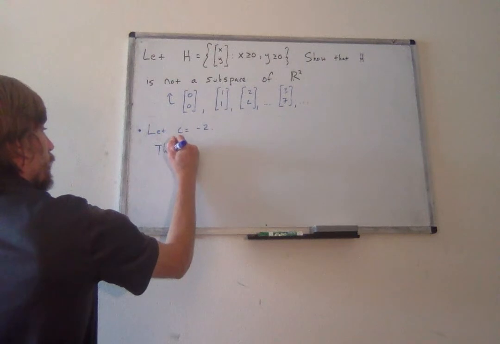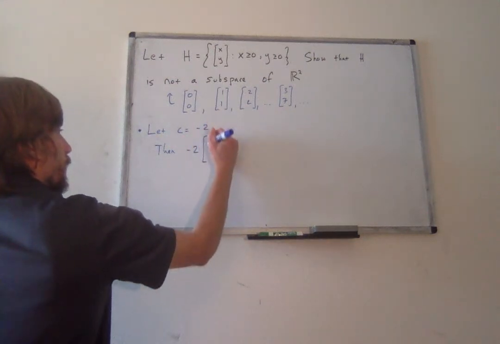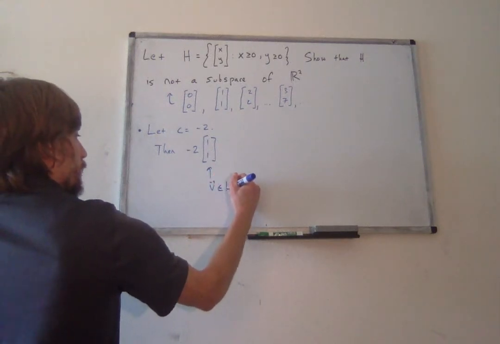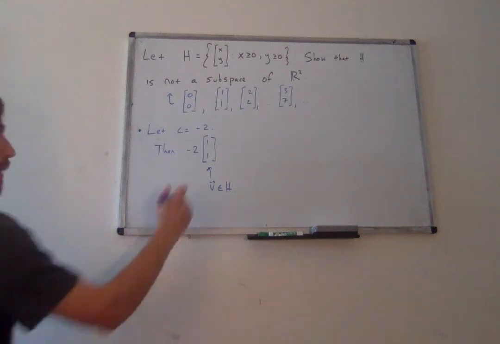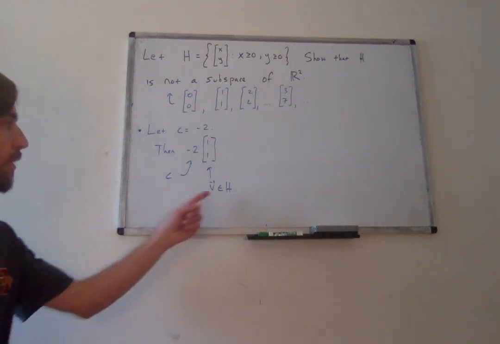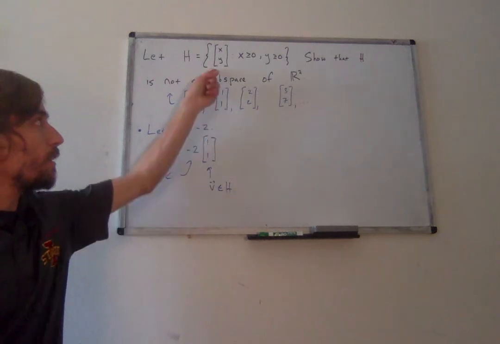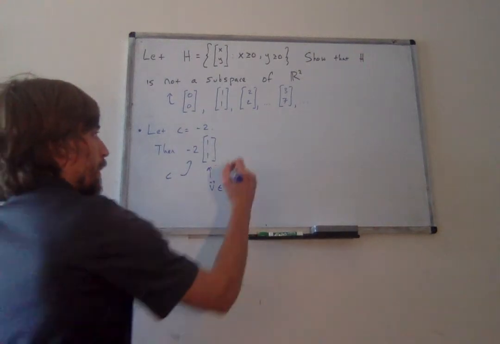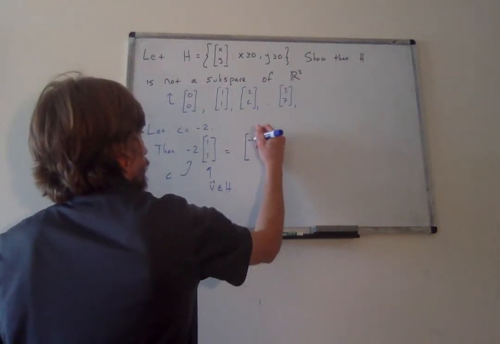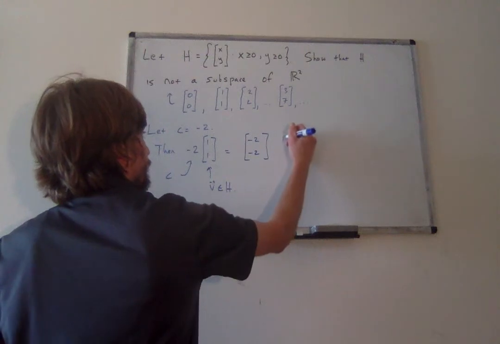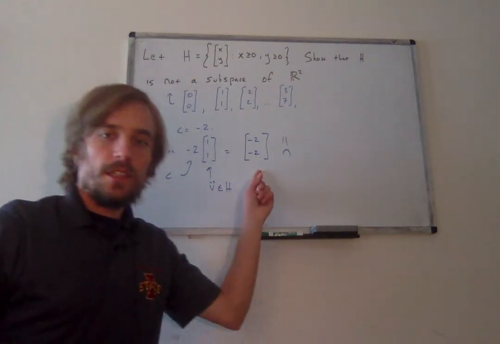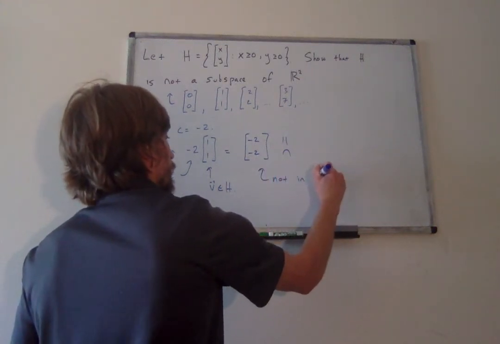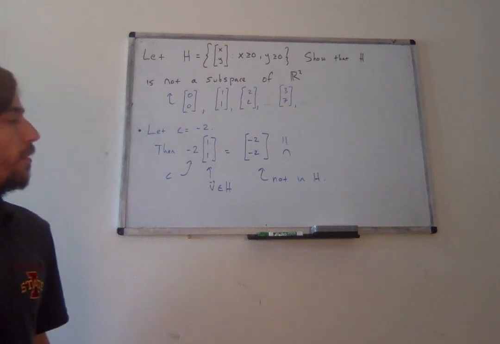Then -2 times vector 1, 1, where notice this is a vector v in my subspace H, and this is a scalar C. So I've taken a vector that I can show is in H, and any real-numbered scalar C, and this product is not in H, because this contains 2 negative numbers.